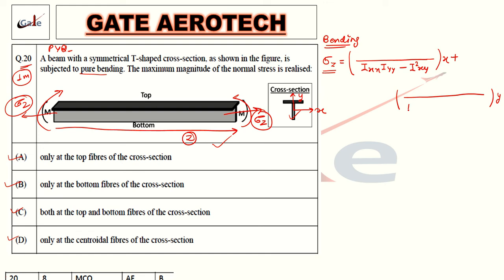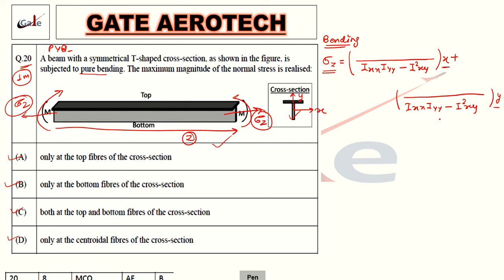Same thing you write in the denominator: Ix Iy minus Ixy squared. It's easy to write, right? First x, then y, then this whole term in both denominators.